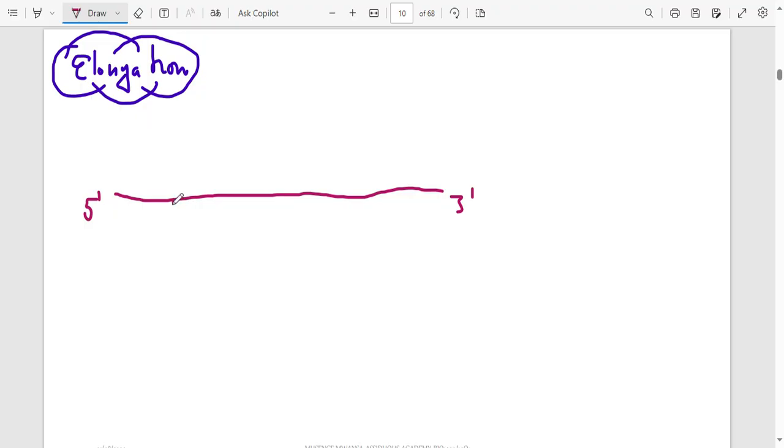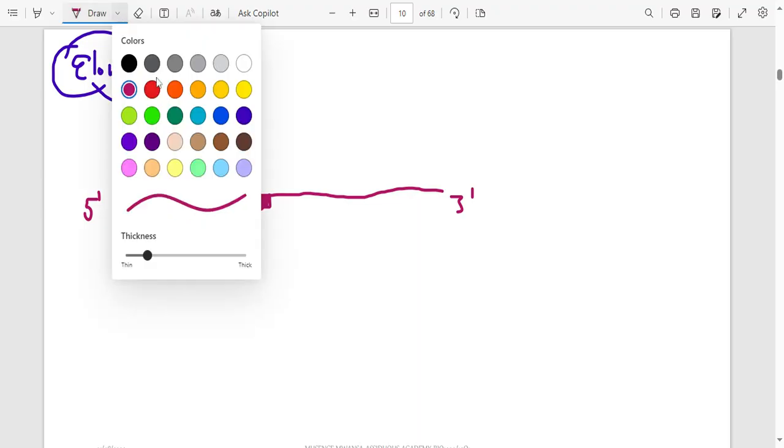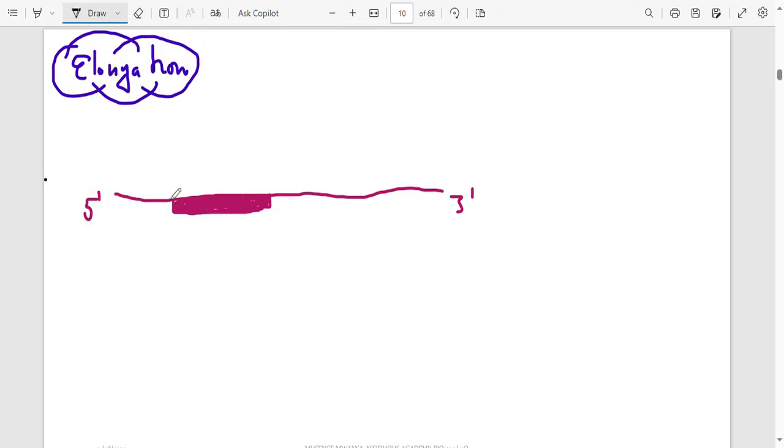And then remember, we add the small ribosomal subunit here. And we have brought the first tRNA, which is carrying the amino acid methionine. And when the first tRNA is brought, the large ribosomal subunit is also now going to come and connect here.